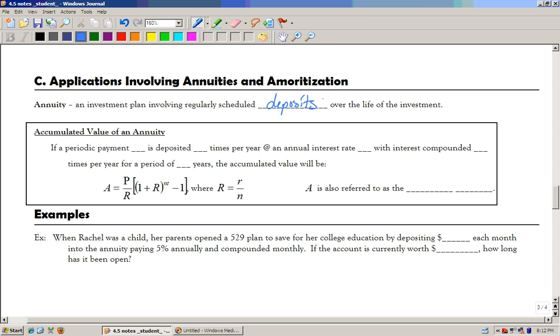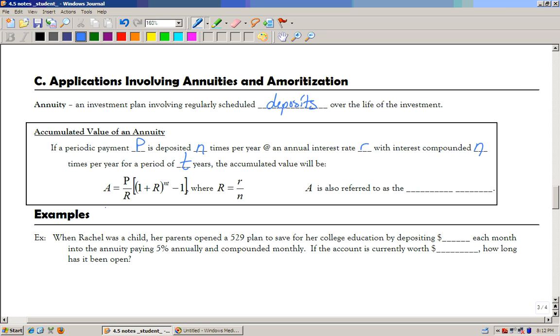This is where you keep changing it by adding more and more money to it. So the periodic payment is P. It's deposited N times per year at an annual interest rate of R, with the interest compounded N times per year for a period of T years.